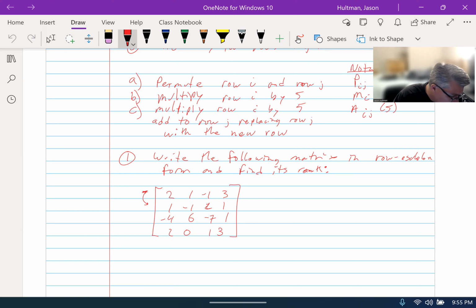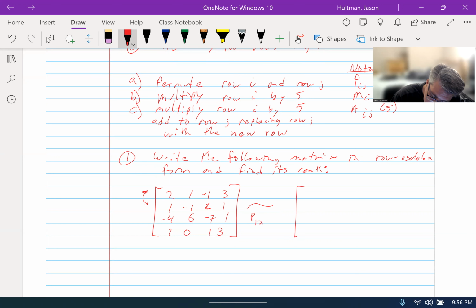Okay, so I'm going to use the notation little wavy bar. Sometimes it means similar in mathematics. And I'm going to say that it's similar, okay, with row operation permutation 1 to 2.